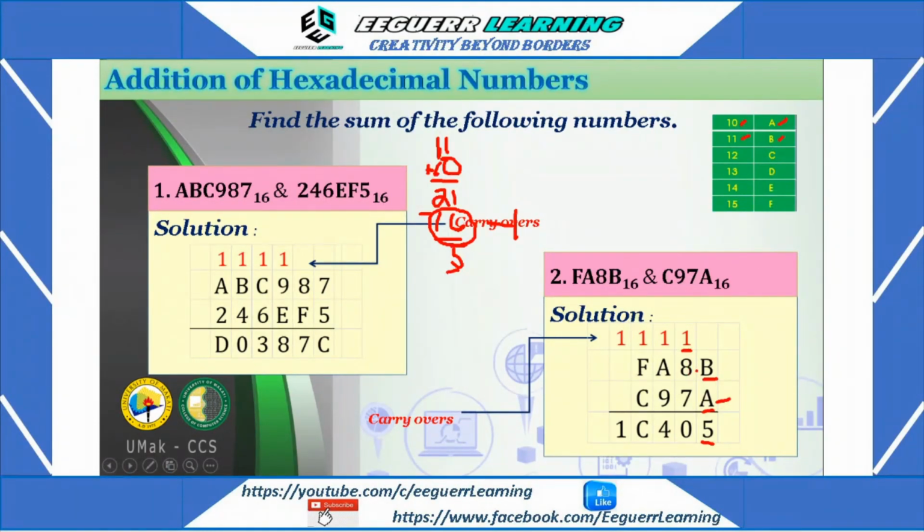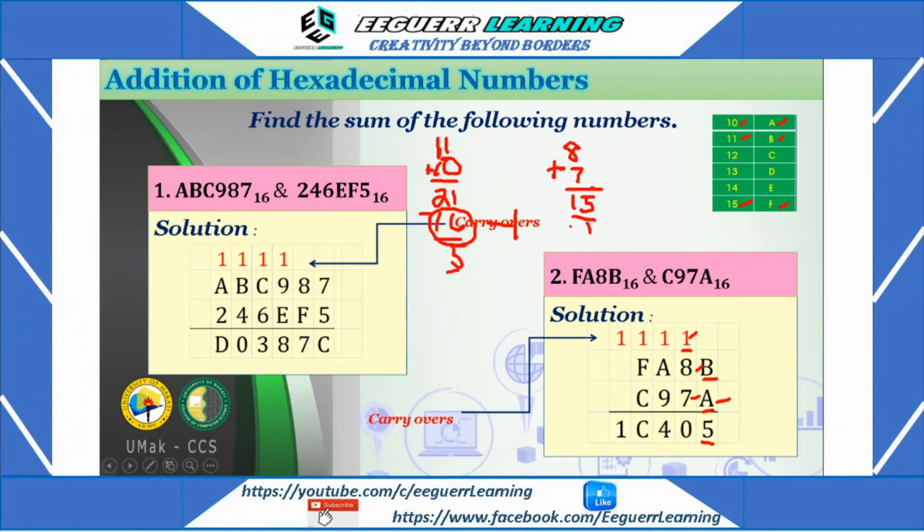Then we continue adding 8 plus 7, which is equal to 15. We cannot just bring down 15; we need to change that to letters. Our 15 here is equivalent to F. But right now, we add our carry here, 1.